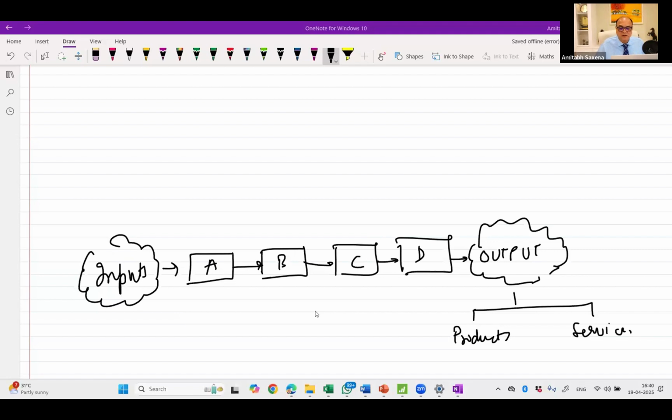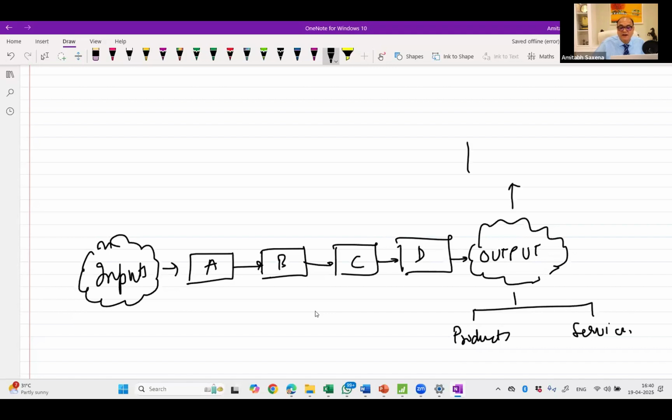For example, one of the services we provide is treatment, treating a patient. The inputs could be the patient, the information about the patient, the nurses, the doctors, the facilities, the lab equipment, the X-ray and radiologic equipment, everything together becomes an input. When the patient passes through a series of steps, the output is the treatment.